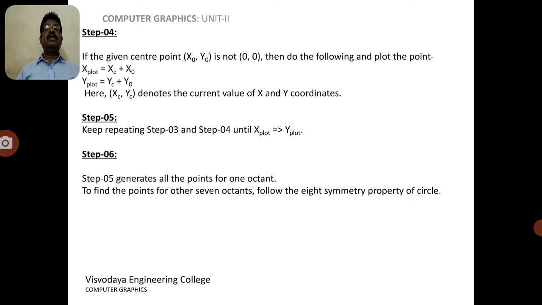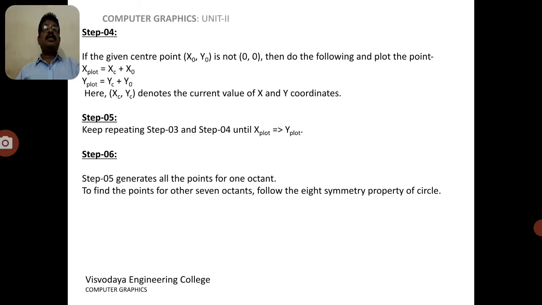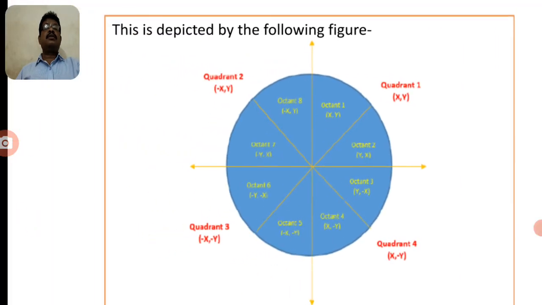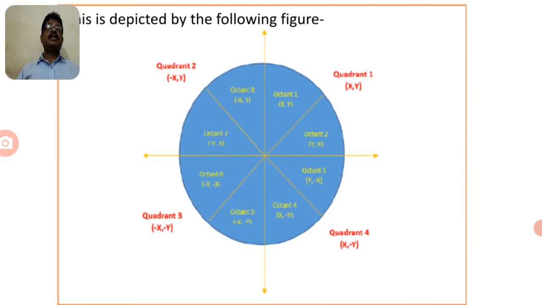Now coming to the next one. We can generate all the points of one octant, because you can observe it in the circle. For example, see this diagram of the circle drawing algorithm.